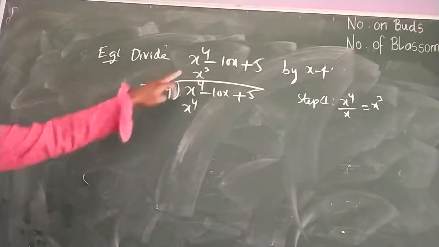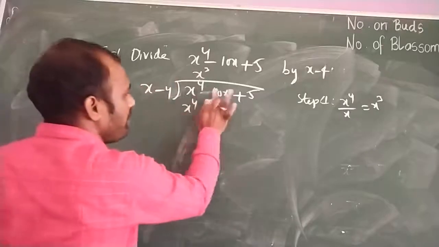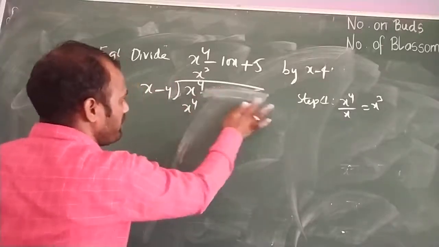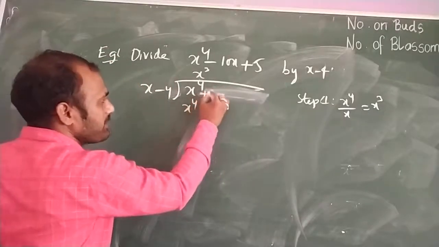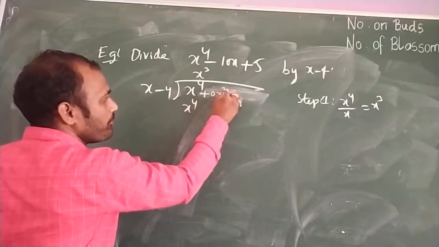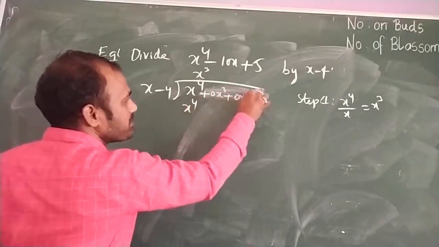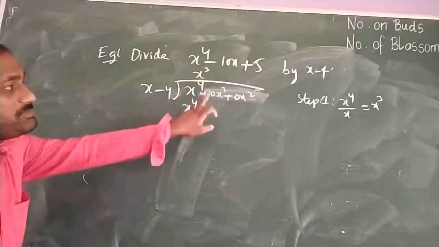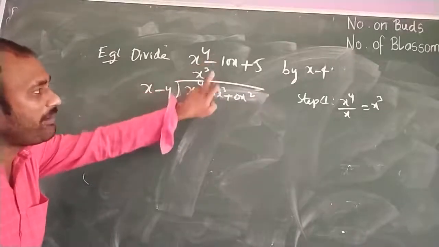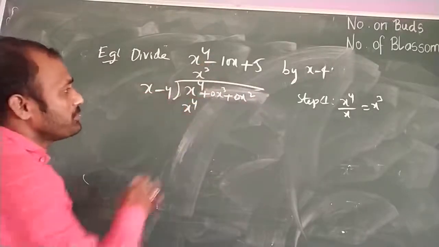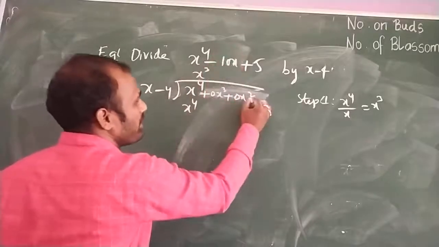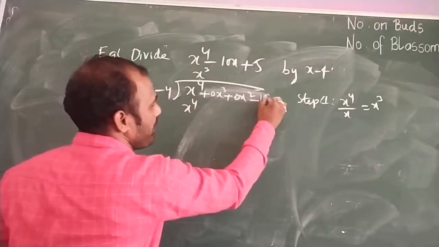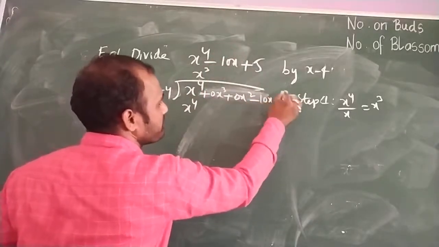Since I am getting the x³ term, instead of writing it like this, I will write x⁴ + 0x³ + 0x². Whatever terms are missing in my polynomial, I will represent by 0. So 0x³, 0x², and the x term is there: −10x + 5.